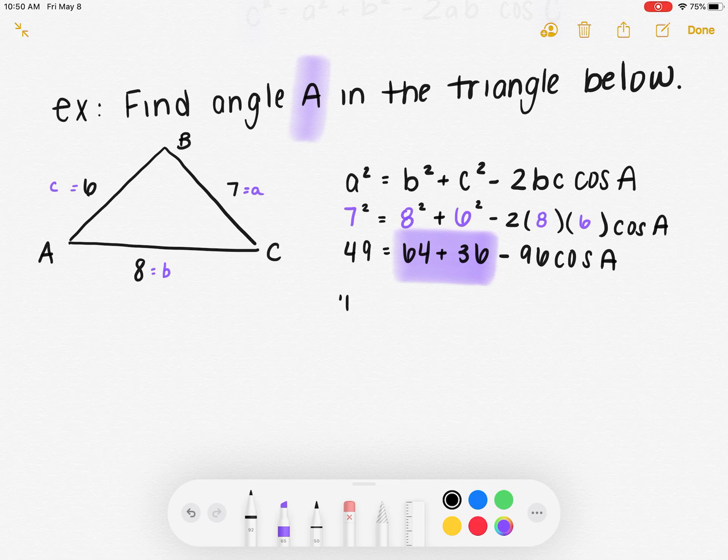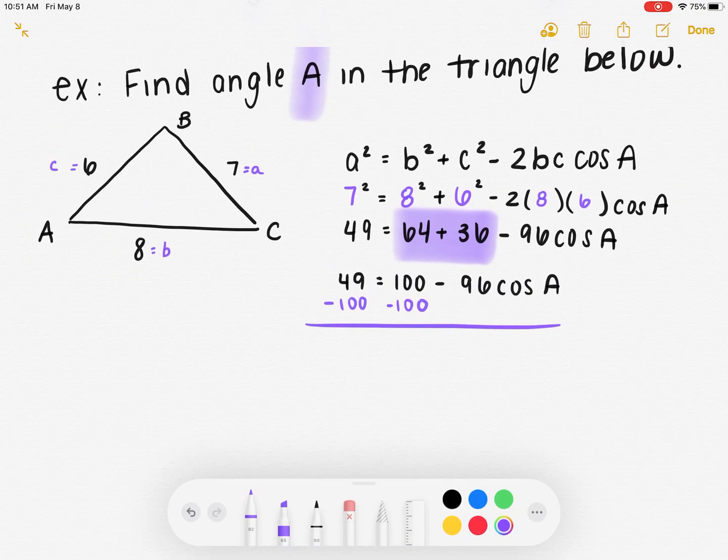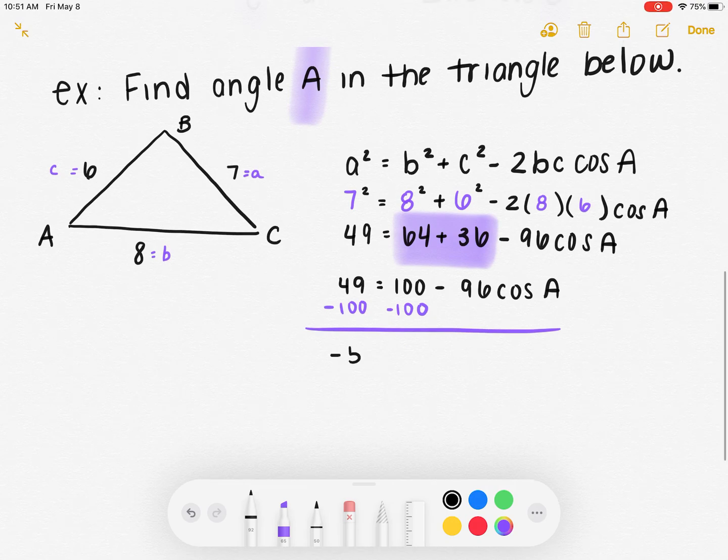And now I get 49 equals 100 minus 96 cosine of A. And if I'm solving for cosine of A, the next thing I want to do is move the 100 over, which gives me negative 51 equals negative 96 cosine of A. And then I'm going to divide by the negative on both sides.